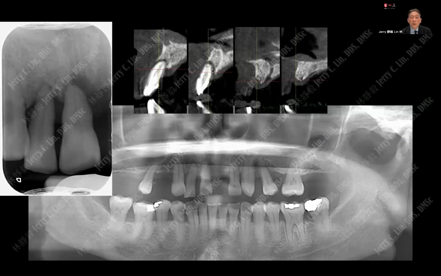And also this one, with buccal bone loss all the way to the apex. So we have the situation of those 2 teeth with buccal bone loss, and for the edentulous area, certain bone loss was also noticed.